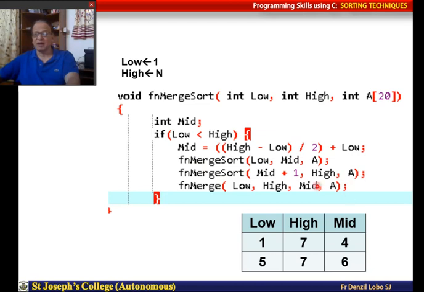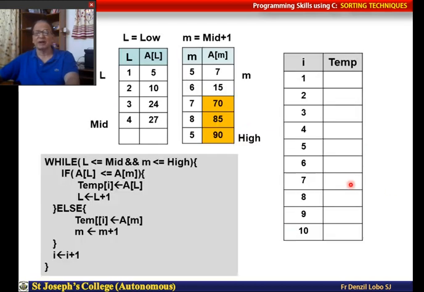Now we have to understand how we are going to merge these numbers, and that is the next function. Here we have the algorithm for merging two lists. The first list contains 4 numbers, and the second list contains 5 numbers. So how are we going to merge these two lists in the ascending order?